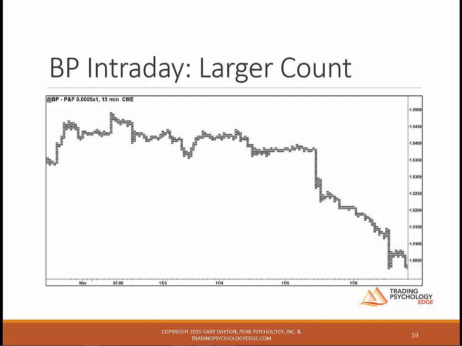Certainly saw a lot of 3-point figures. So how do they construct those? Well, you already know that a 1 box by 1 reversal creates a 1-point figure chart, right? So a 3-point figure chart is pretty much the same. It's a 1-point box size, but it requires a 3-point reversal. And that's a 3-point figure chart. Okay.